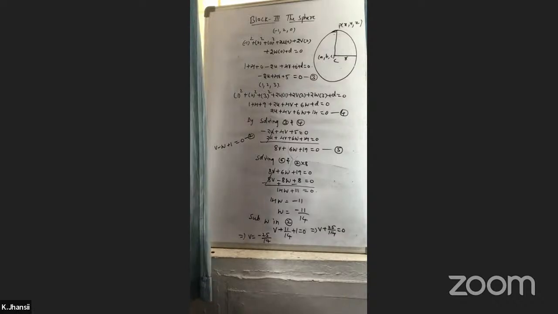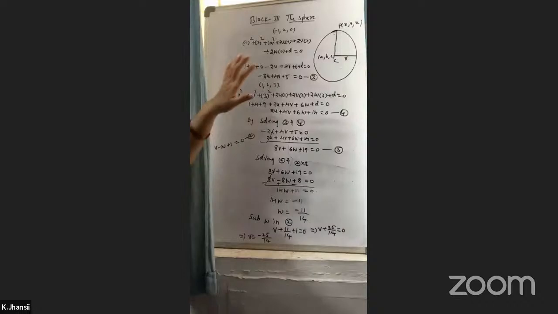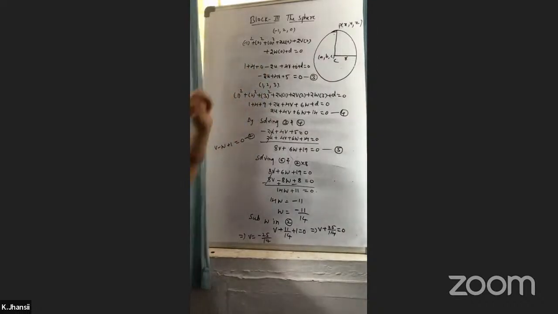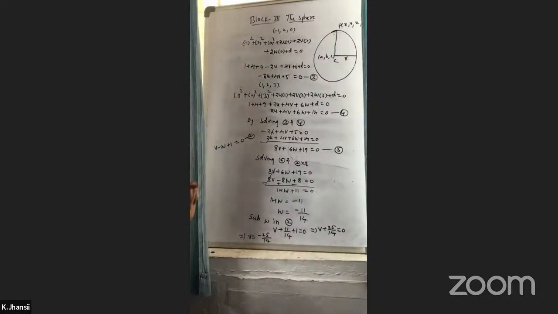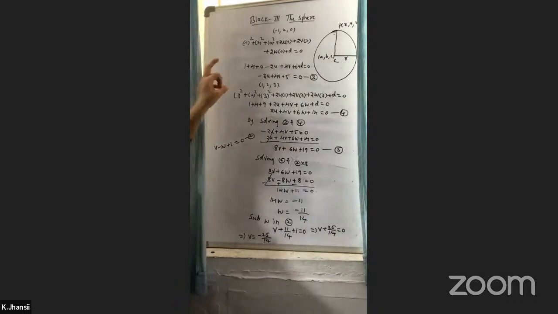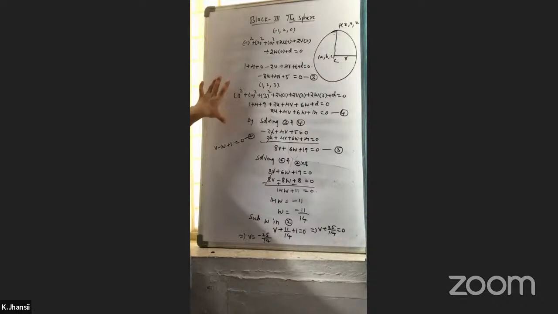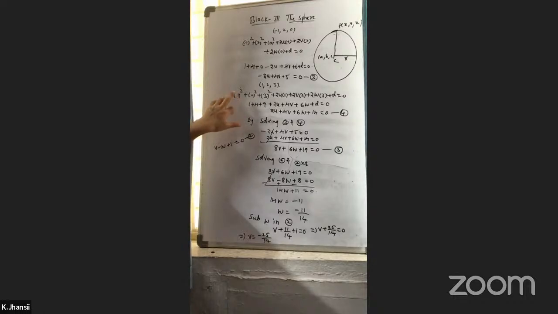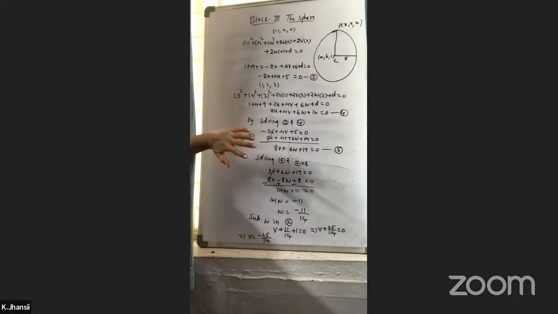So here, just the concept is, in any problem, 4 points will be given. So we have to find the equation of the sphere which is passing through those 4 points. Okay. So the main procedure for solving this problem is, first, we have to write the standard equation of the sphere. That is x square plus y square plus z square plus 2ux plus 2vy plus 2wz plus d is equal to 0.